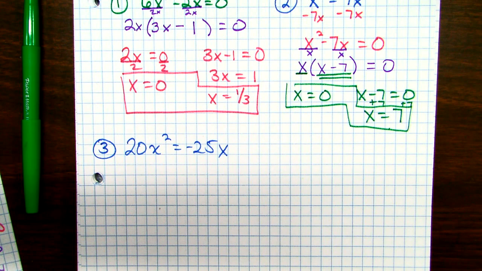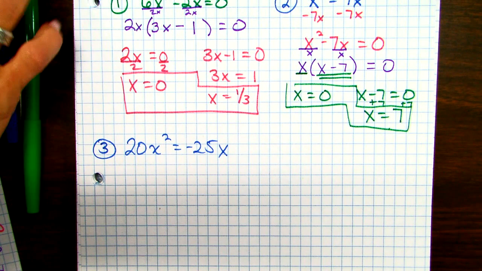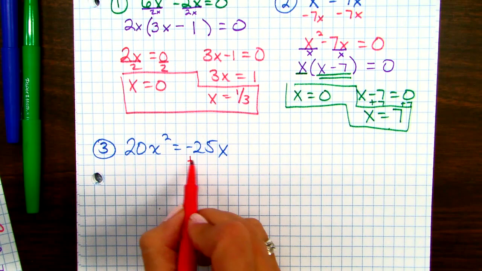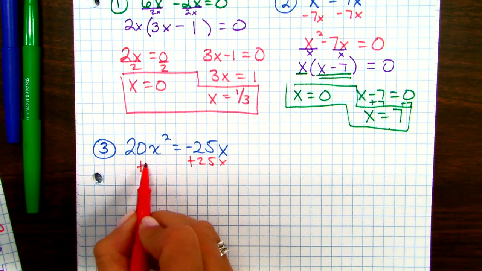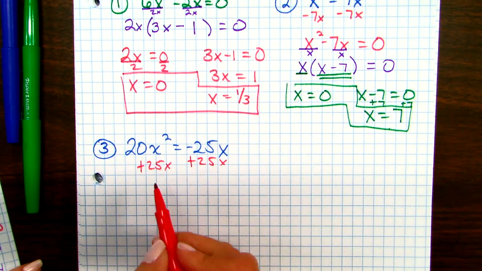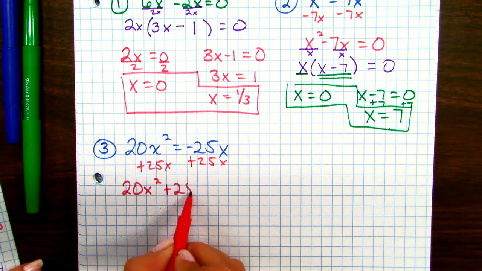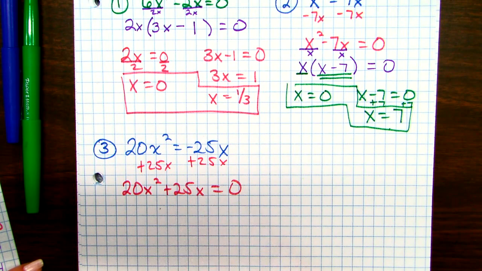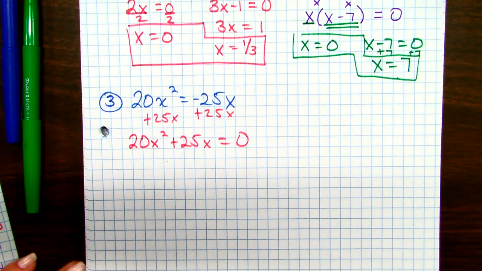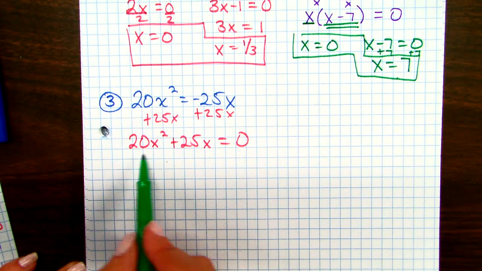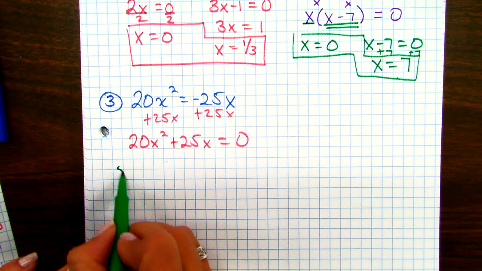Is number 3 in standard form? No. Biggest exponent goes first. 0 on the other side. Do we have a GCF in this one? 5x. Yeah, 5 and x. 5 goes into both of those, and they have an x in common.